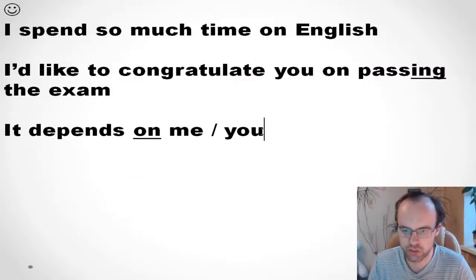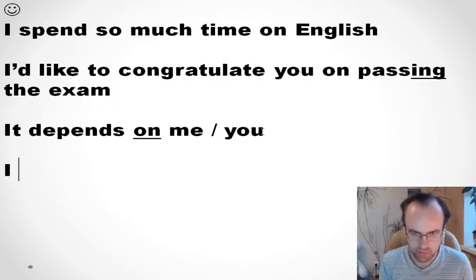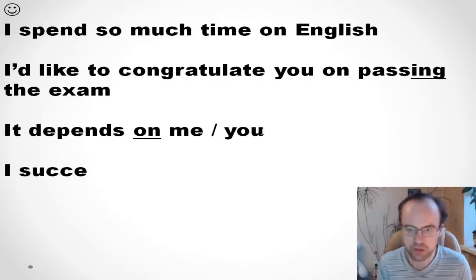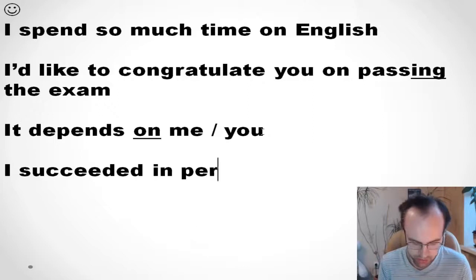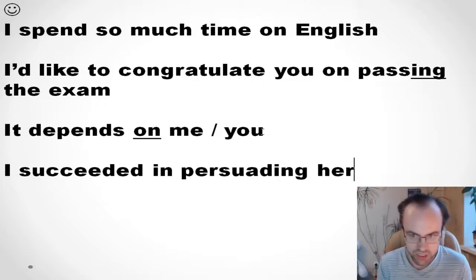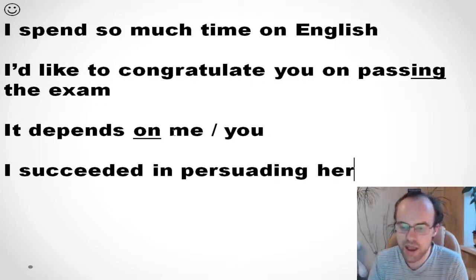And succeed in. A very important verb too. For example, I succeeded in persuading her. Double C: I succeeded in doing something, in persuading her. It means I managed to persuade her. Maybe it was difficult, but I did it anyway.